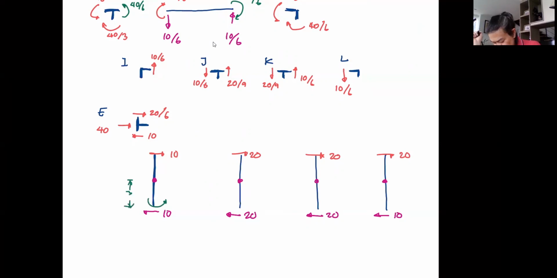So now we know the moment is equal to 10 multiplied by 3, right? Which is 30. And you sort of know that this is also 30. And right here, the moment is 20 multiplied by 3, so it's 60.